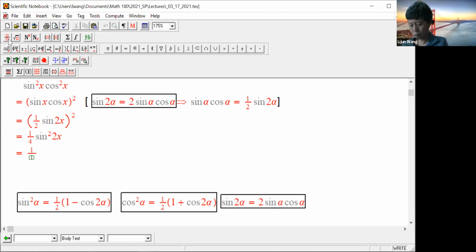So my 1/4, that formula, right? My 2x is the alpha, so this is going to be 4x. And I'm done.